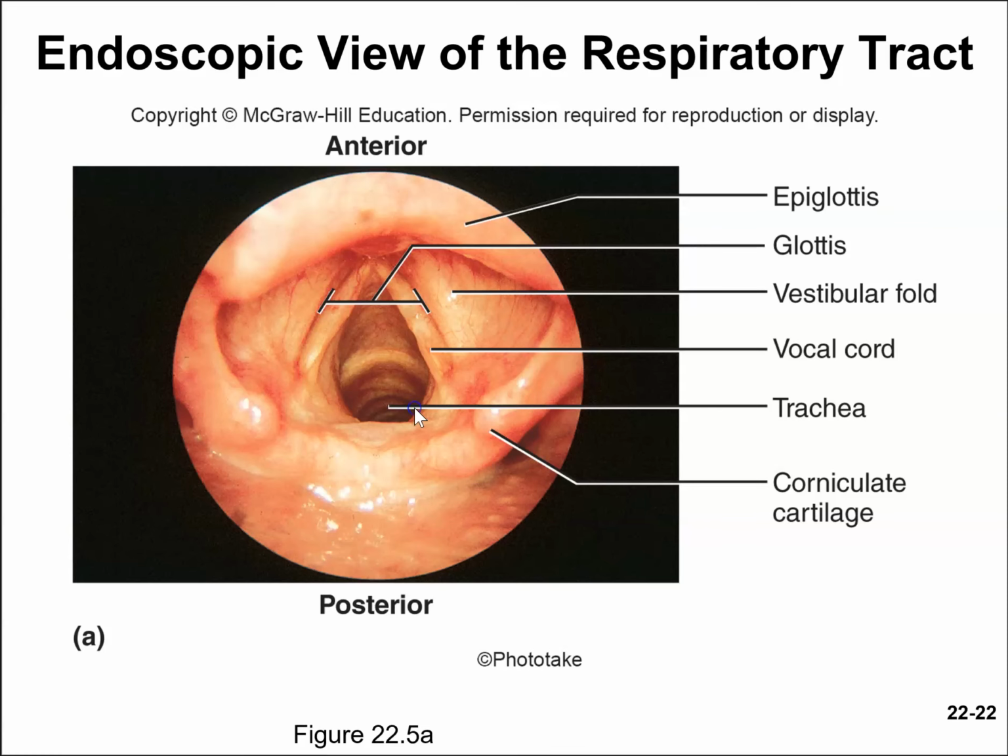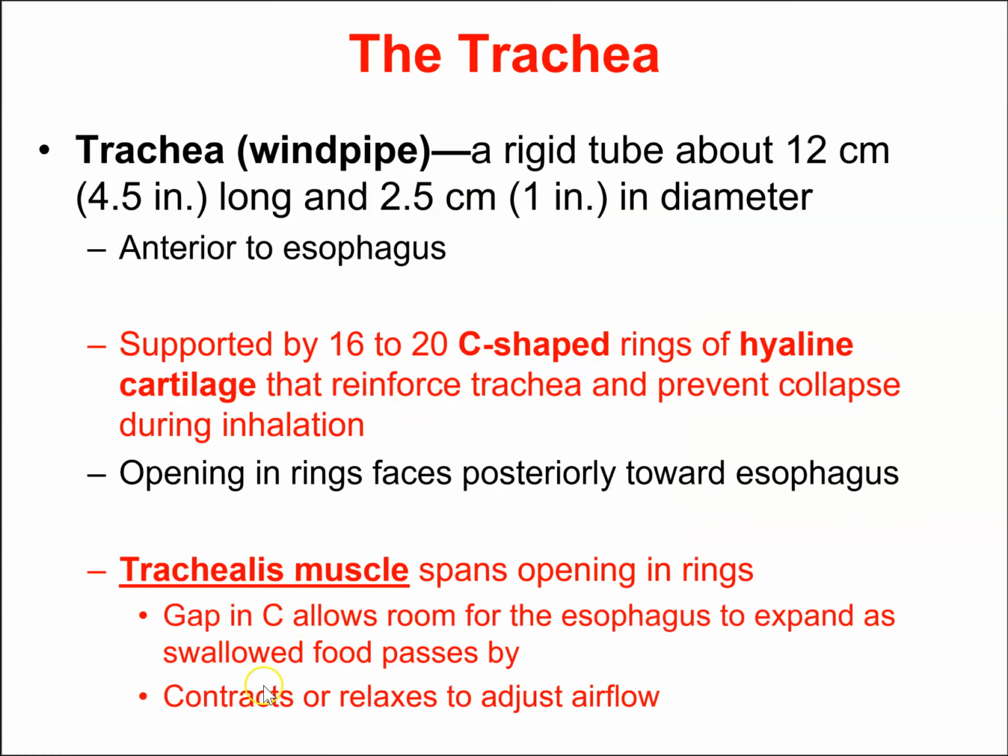So the trachealis muscles basically contract or relax to adjust airflow, and it allows some room for expansion when food passes through the esophagus.